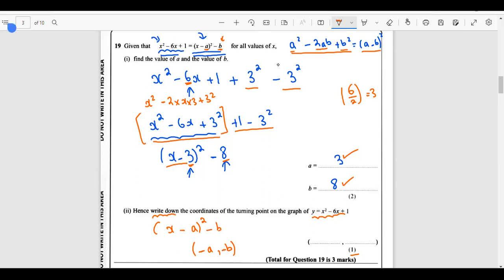So minus b would come here as it is, but whatever the sign is with a, we would be putting an opposite sign. So this time around, we have minus 3 and minus 8. So this minus 3 would become 3 and this minus 8 would be written as it is. So this would be the coordinates of the turning point on the graph of y equals x squared minus 6x plus 1.